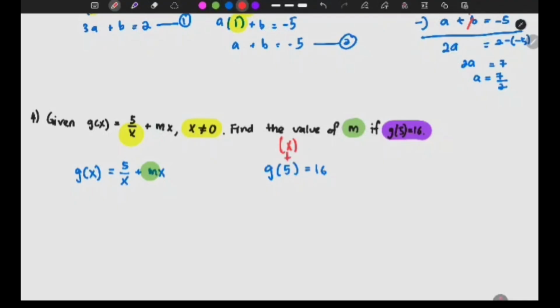So replace everything with 5. All your x, every x. So now your x is 5. So replace all your x with 5, everything with 5. Plus m, and your x is 5.